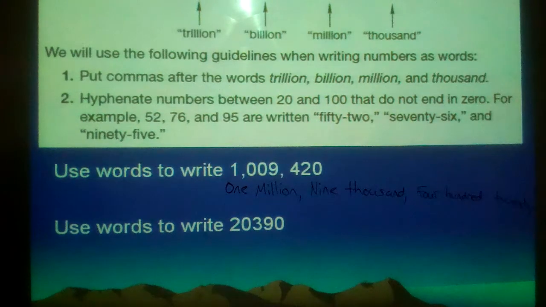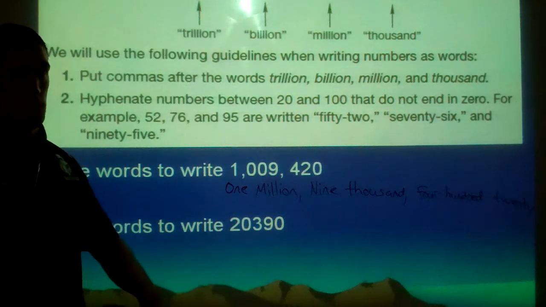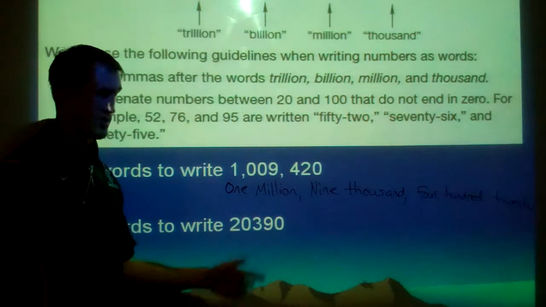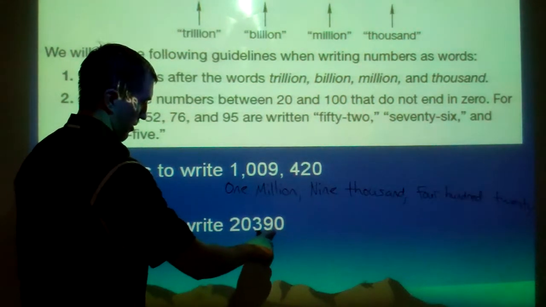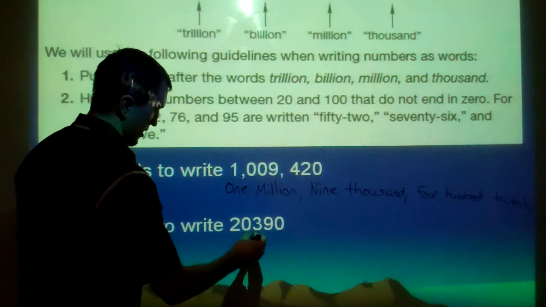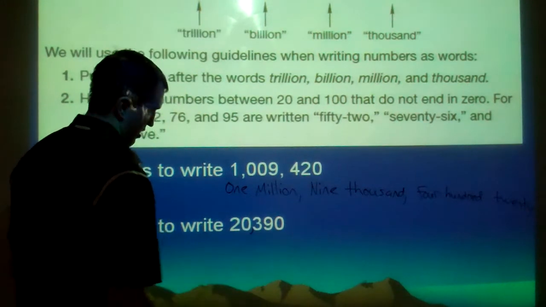This is one we want to write in words too, and it's a little more tricky only because there are no commas in here. So what I recommend doing, if you get a number with no commas, is putting the commas in first. This one's a little easier. You go over 3 spots from our 1s to our 10s to our 100s. You know there's going to be a comma right there.